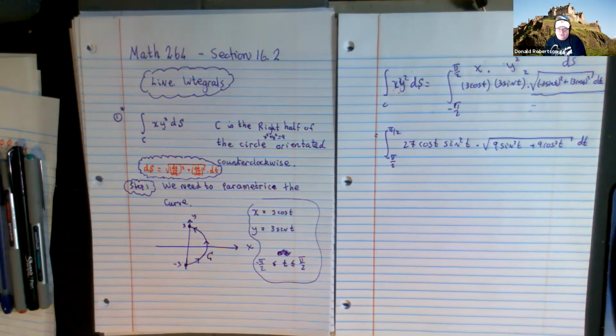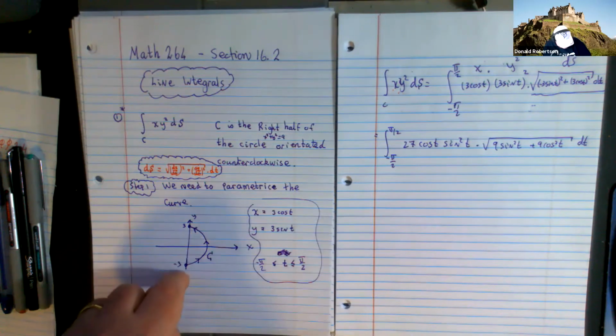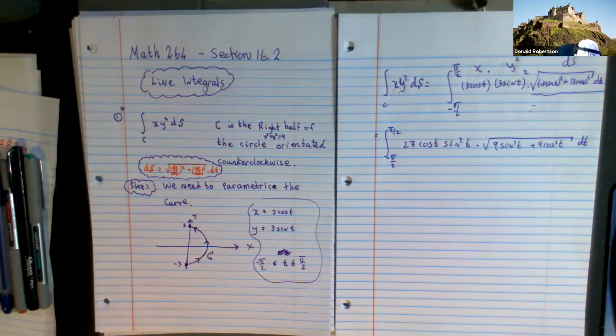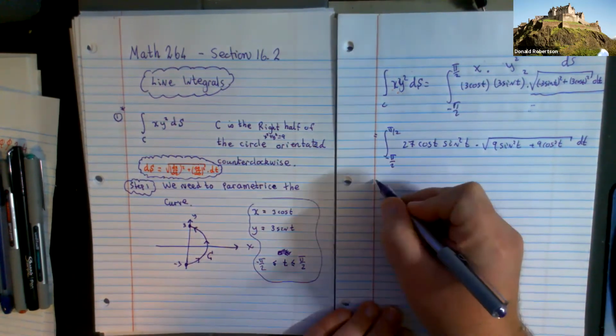So when you do a line integral of the form ds, everything gets converted into t's. And the way that we convert everything into t is to find out what the parametric equation of C is in terms of t. Okay, where do we go next? Well, let's have a look.